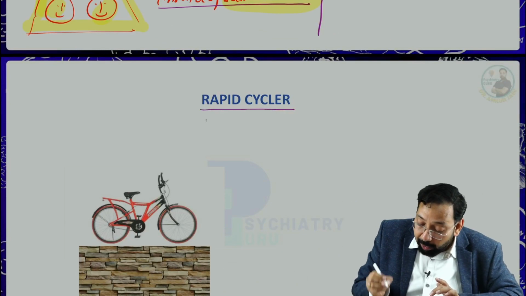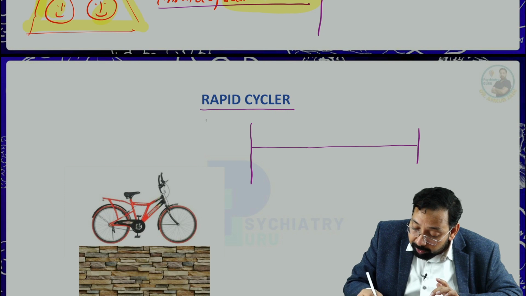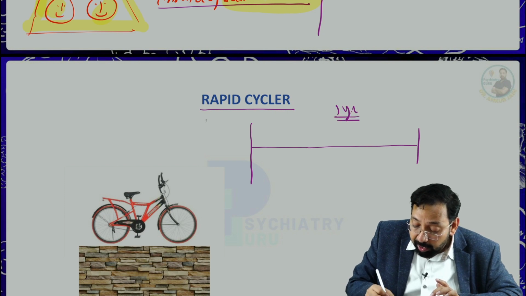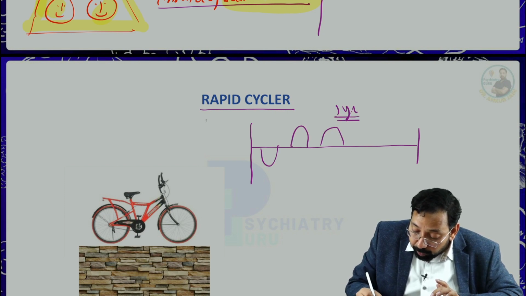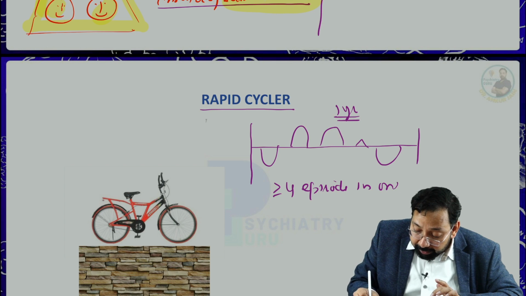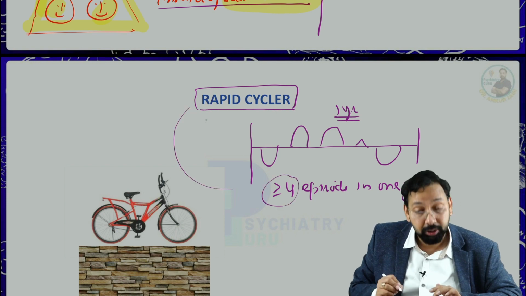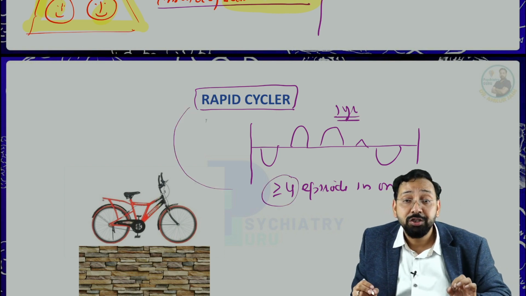Rapid cycler. What is a rapid cycler? If a patient came to me and in 1 year there are 4 or more than 4 episodes, then it is a rapid cycler. R 4. In Hindi, sorry, R 4.